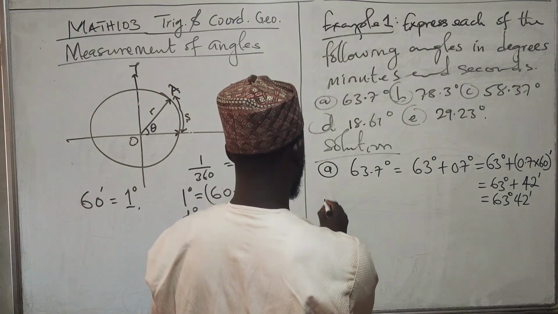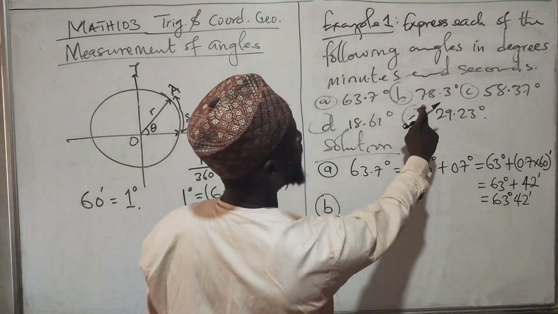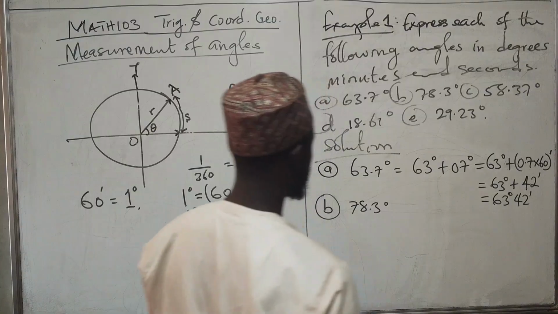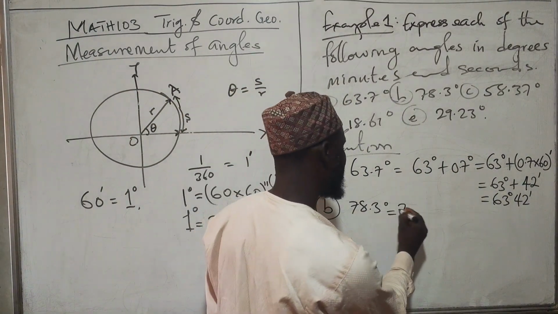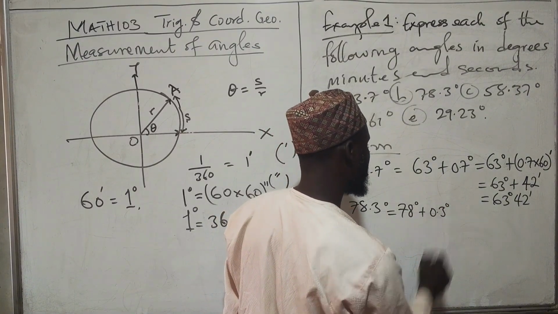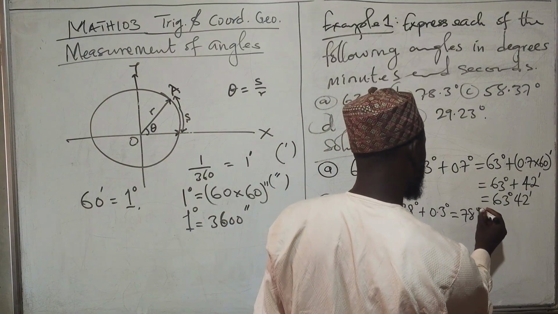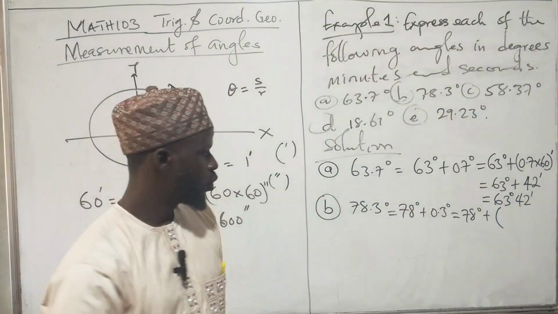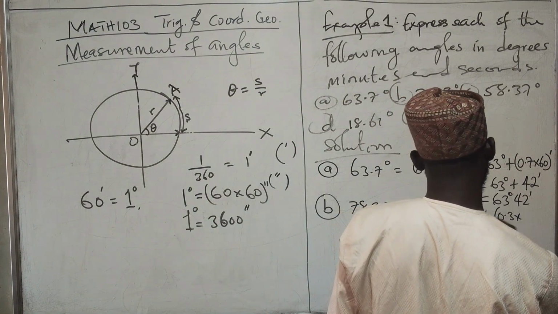So the B part here is 78.3 degrees. So we can write 78 degrees plus 0.3 degrees. And this is equal to 78 degrees plus, so we convert 0.3 degrees to minutes. So we have 0.3 times 60.